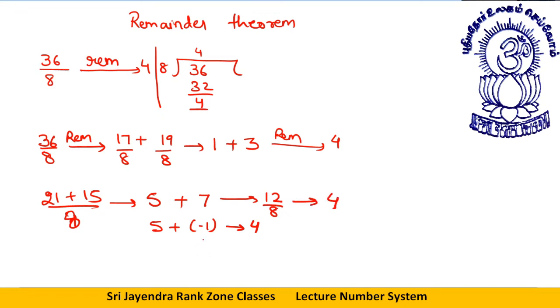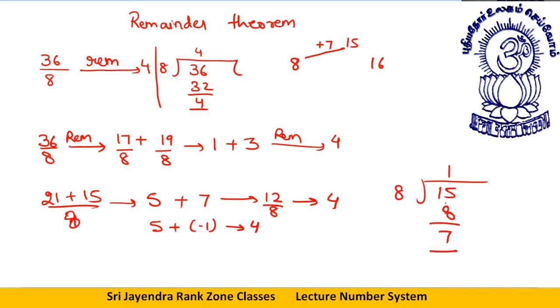Now let's move to this minus 1 remainder. 8 is divisible by 8, 16 is divisible by 8. If I divide 15 by 8, the remainder is 7. How come? 15 divided by 8, 1 is the quotient, 8 will come over here, 7 is the remainder.